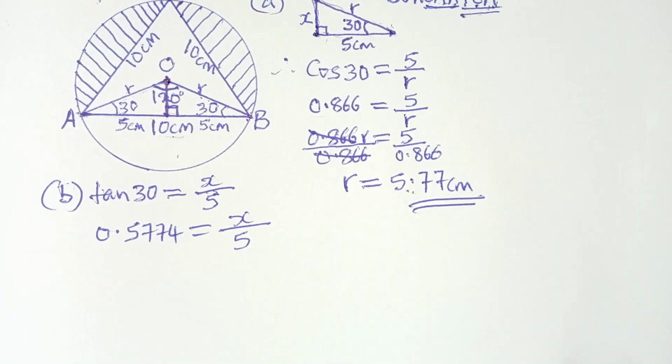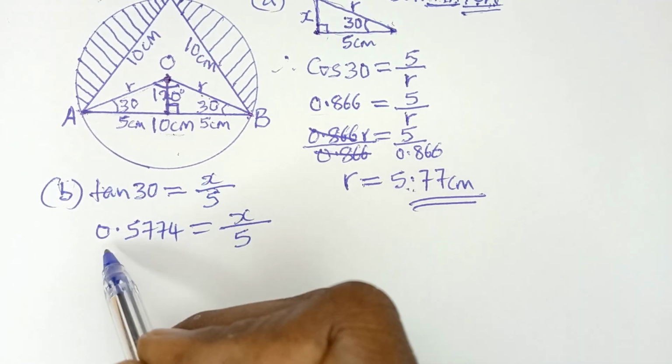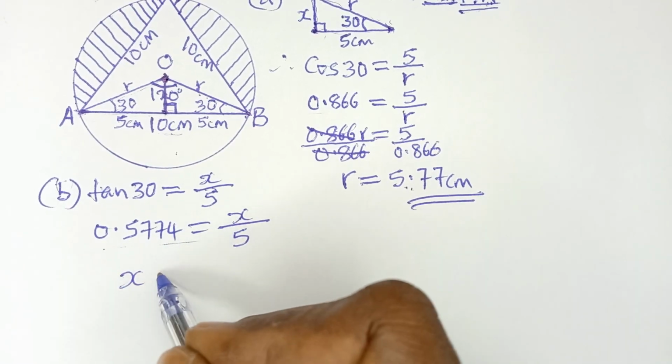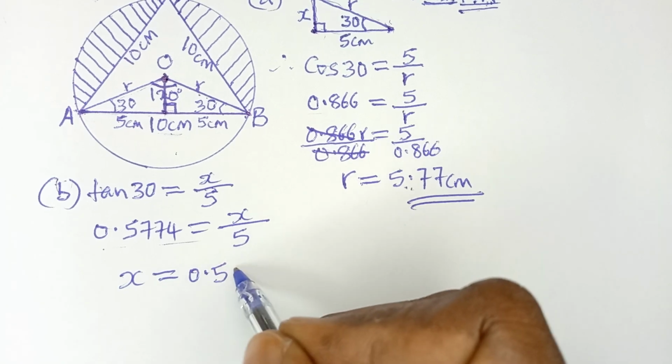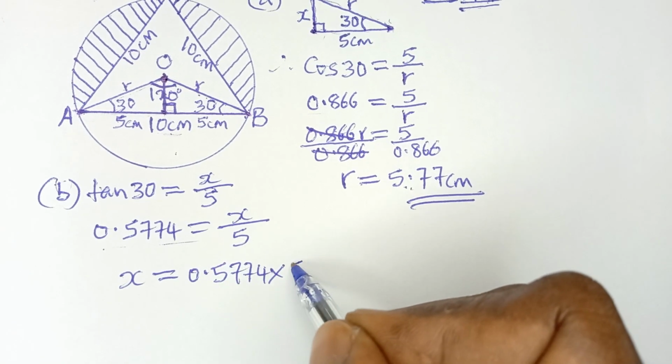So I can just simply cross multiply straight away. So this x is like x over 1. So x multiplied by the 1 here gives me x. And that will be equal to 0.5774 multiplied by 5.